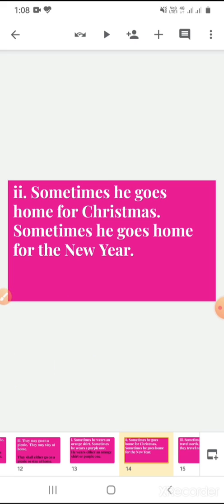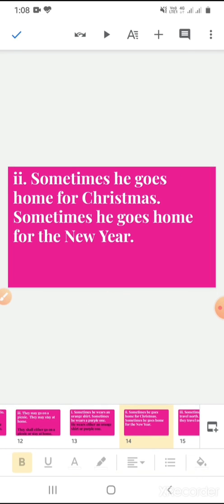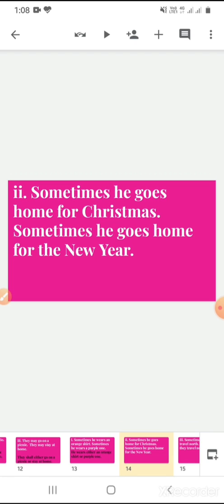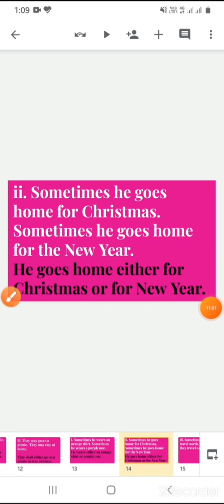Sometimes he goes home for Christmas, sometimes he goes home for the New Year. What is the sentence? Repeat. Sometimes he goes home for Christmas, sometimes he goes home for the New Year. Now we will see how we have to rewrite it.